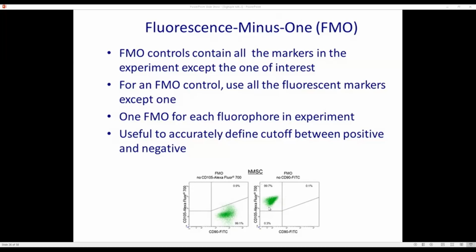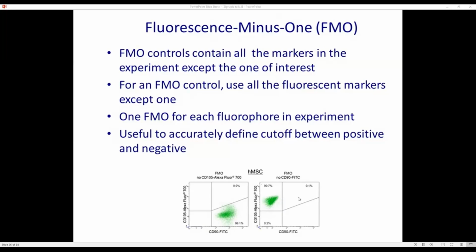So what I do, I take a sample, stain it with all the fluorochromes except PE, run it, and I'll just draw the cutoff, making sure that nothing is beyond that. No other fluorochrome is giving signal in PE beyond that. Now I take the sample, stain it with CD25 PE and run it.